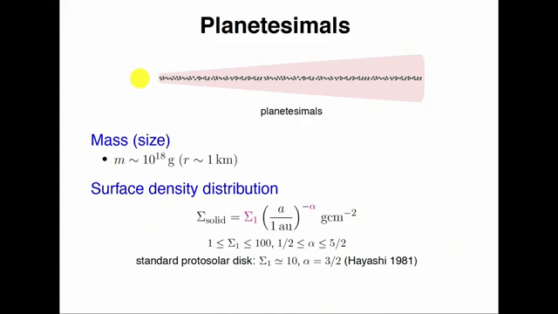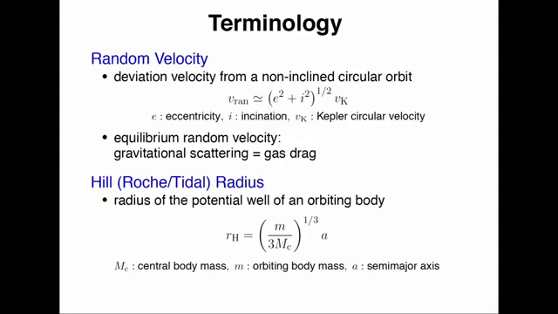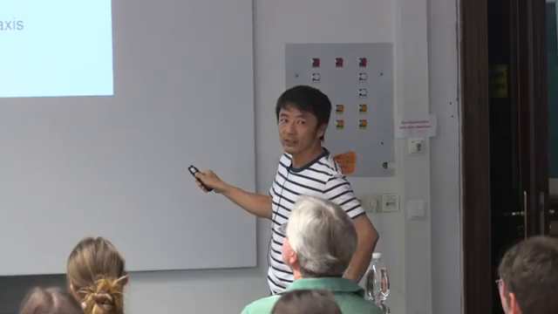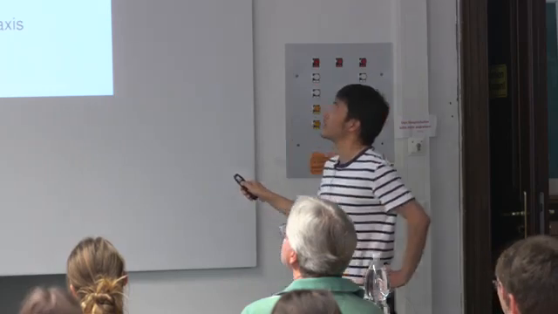Okay, so now we have planetesimals, and then next what happens? Before going into planetesimal accretion, let me introduce some basic concepts important to planetesimal accretion. The first one is random velocity. This is the deviation velocity from a non-inclined circular orbit given by this equation. Here, e is the eccentricity, i is the inclination in radians, and Vk is the Keplerian circular velocity.